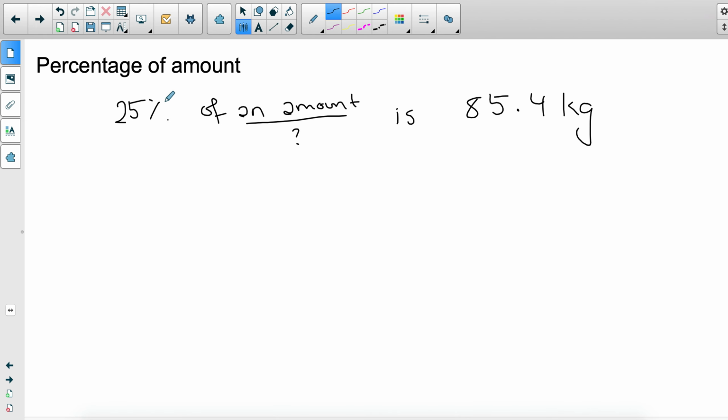So 25% of something's weight, for example, a construction, is 85.4. And I ask you, what is the full weight, or mass? What is the full mass?